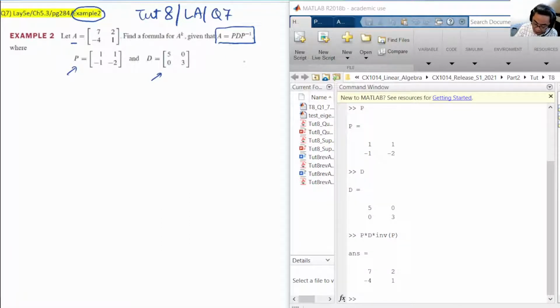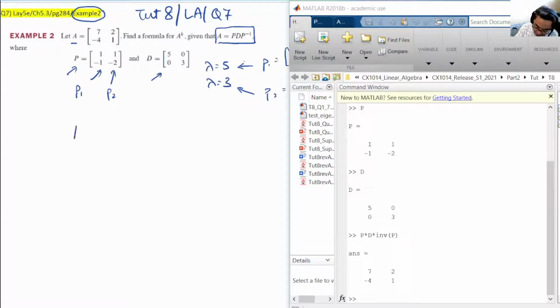Therefore, we can immediately conclude that lambda equals 5 is an eigenvalue, lambda equals 3 is an eigenvalue, and correspondingly this is P1 and this is P2. P1 equals 1, minus 1 is the eigenvector corresponding to lambda equals 5, as well as P2 equals 1, minus 2.